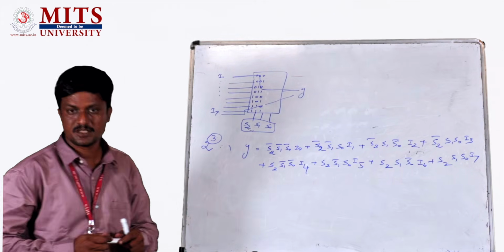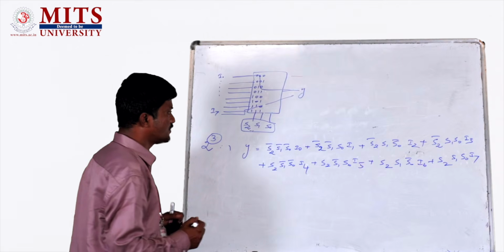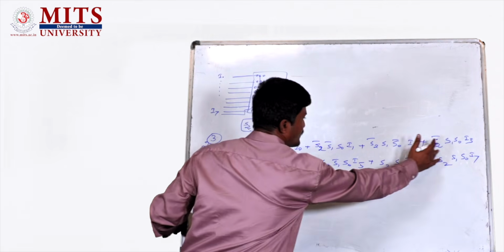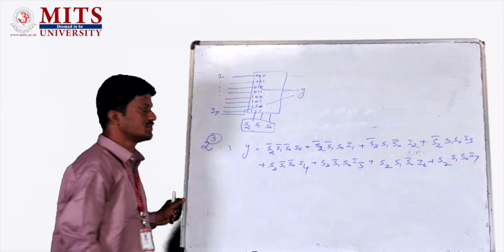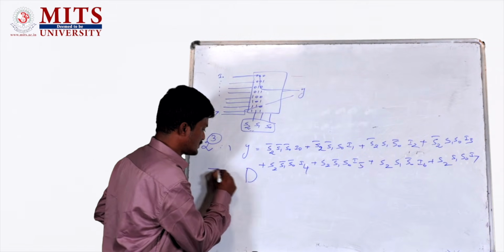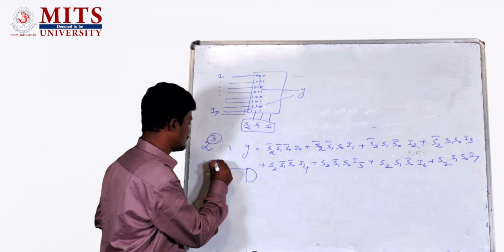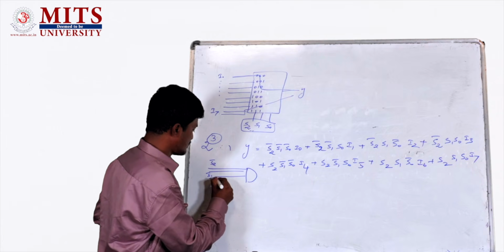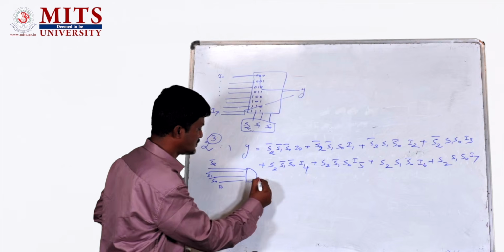Then the next step is the logic diagram of 8 is to 1 mux. Totally it will consist of 8 AND gates, 4 input AND gates. The first one is S2 bar, S1 bar, and S0 bar into I0.